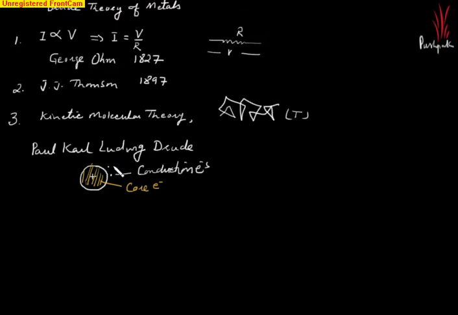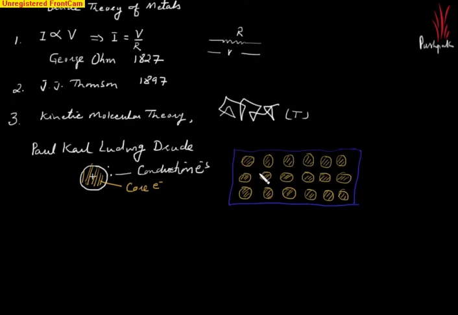which means these electrons are always in random motion in analogy with the molecules of kinetic molecular theory. Here, these electrons are always in random motion in all possible directions in the metal.